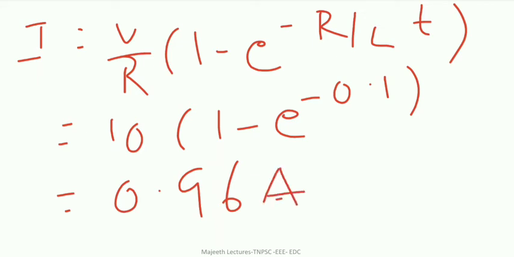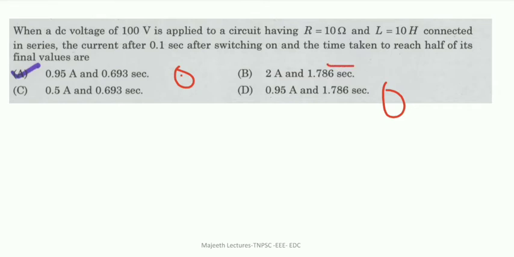So I is equal to 0.96 ampere. Out of these four, A and D are okay. So let us mark these two because both have I is equal to 0.96. So we have to find the other quantity: time taken to reach half of the final value.